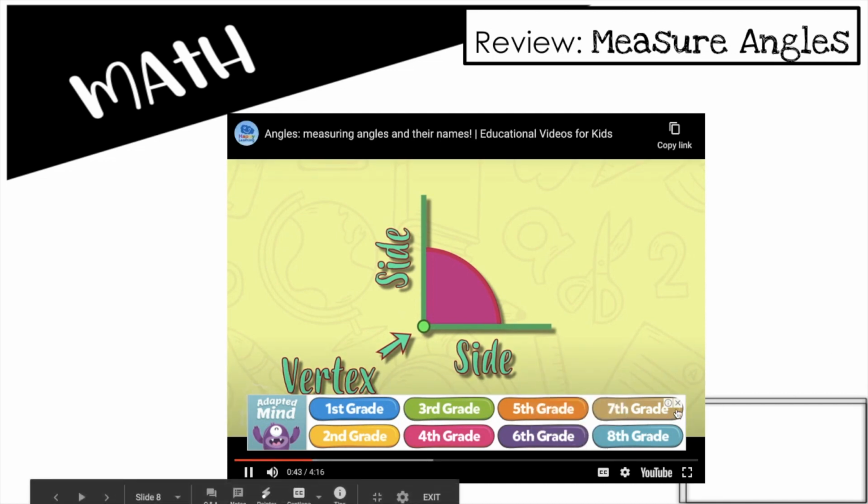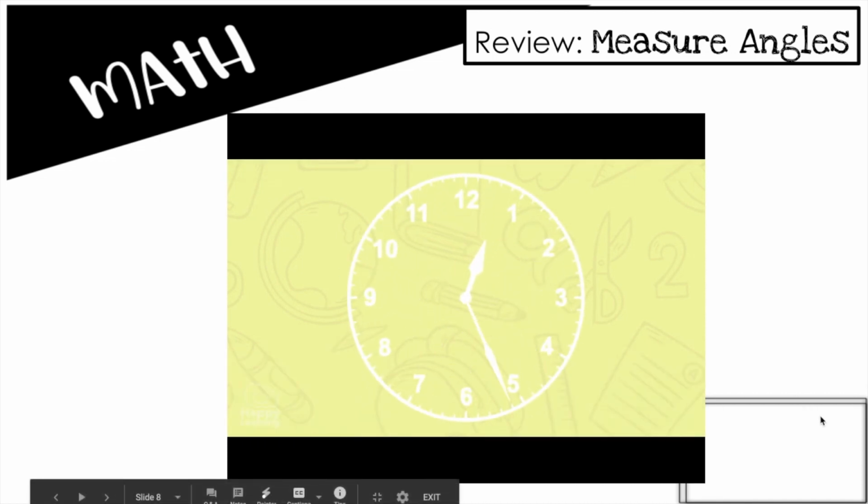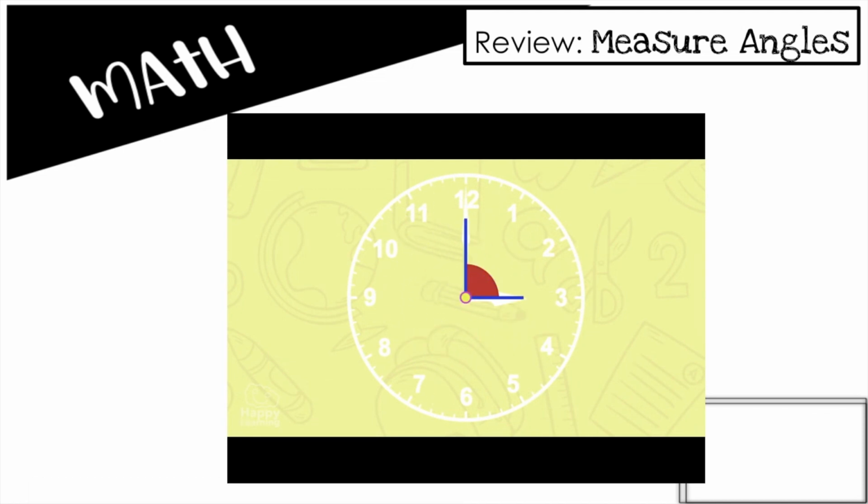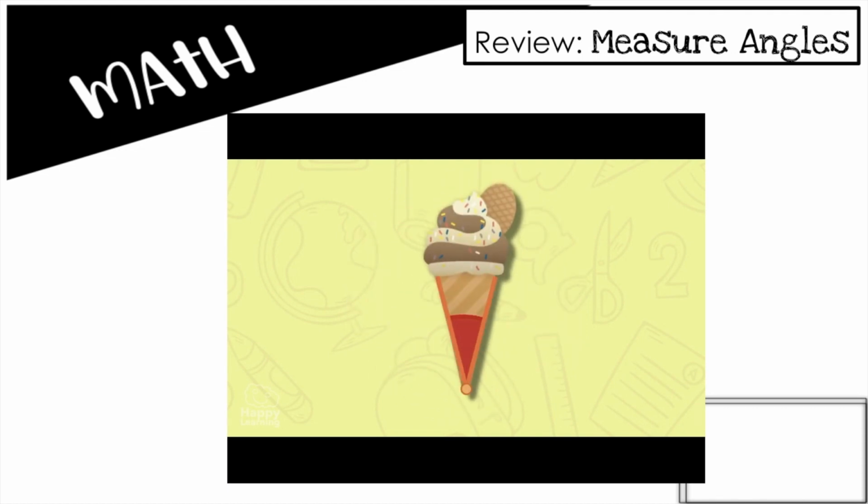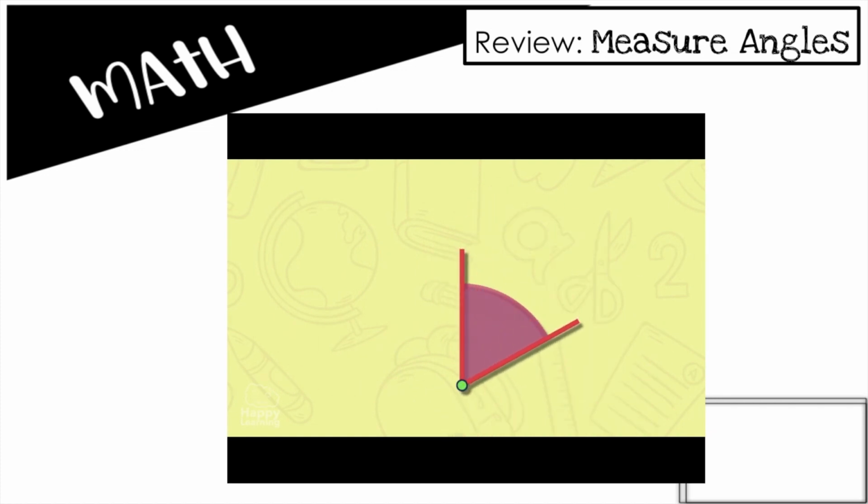If you look around, we are surrounded by angles, like the ones this clock's hands make, or an ice cream cone makes. The unit of measure of the angles is the degree.